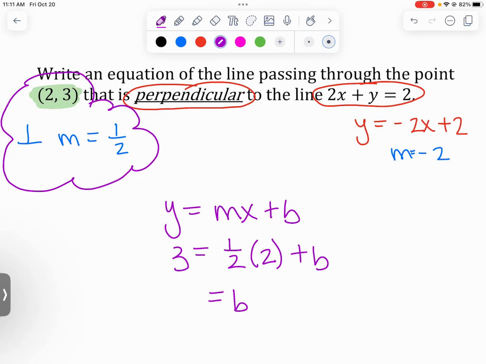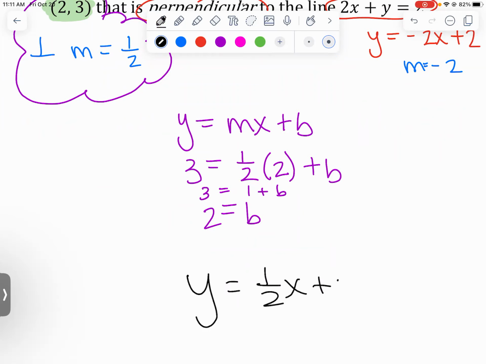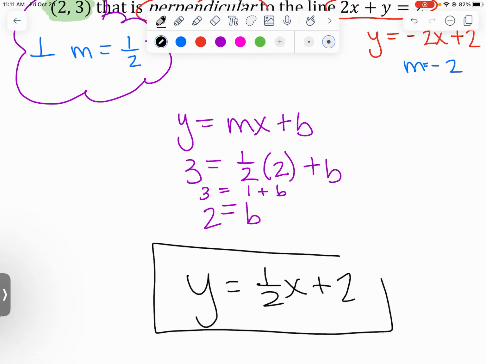Thank you. So 3 equals 1 plus b. What is b? 2. So y equals 1/2 x plus 2 is our answer.